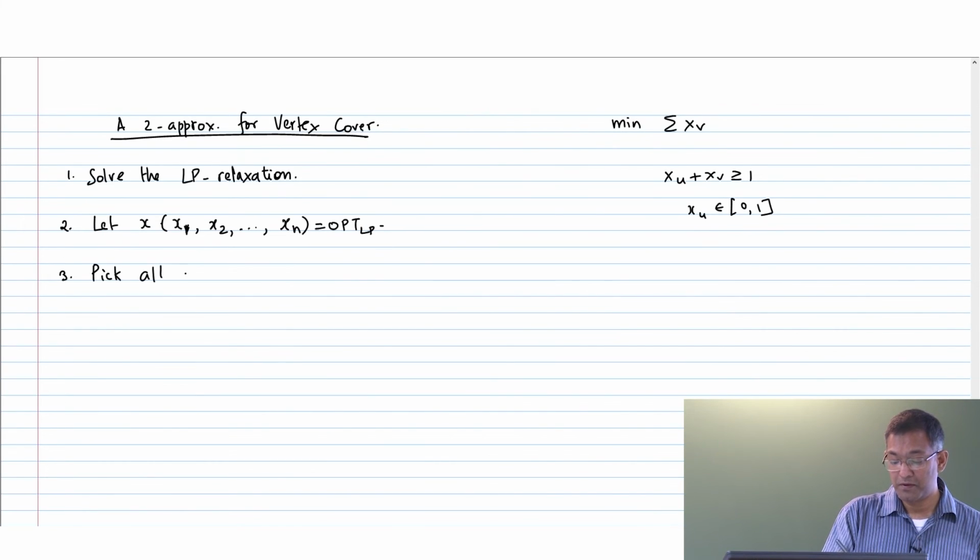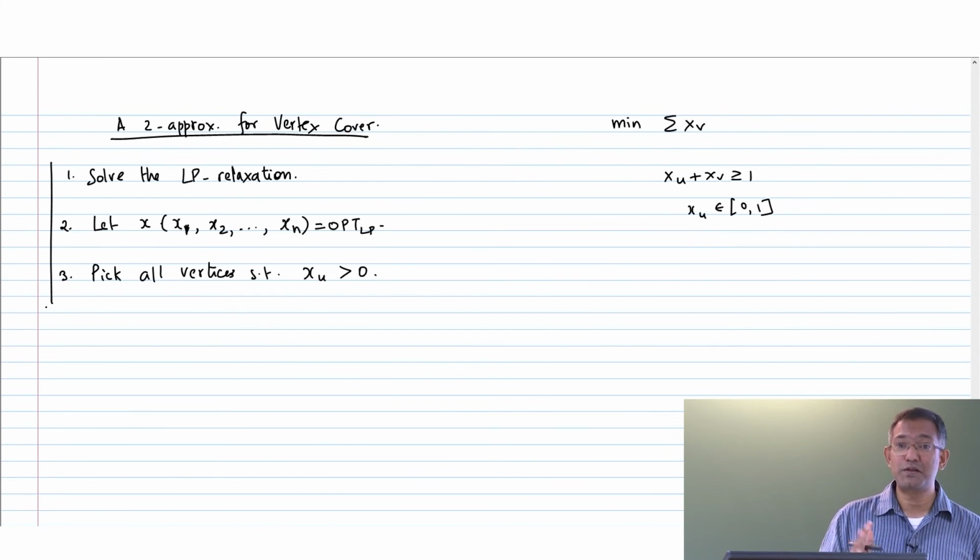Pick all vertices such that xu is strictly positive. It seems like a weird thing to do. This is the algorithm. The algorithm is just going to solve the linear program, and every variable for which the LP gives you a value strictly more than 0, just take it.